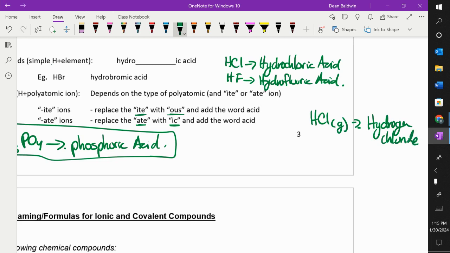You dissolve it in water, AQ, remember AQ stands for aqueous. Then it's hydrochloric acid. And that's why HCl gas is very dangerous, because if you inhale the vapors, it dissolves in the water in your lungs, turns into hydrochloric acid, and that's just not good for you.